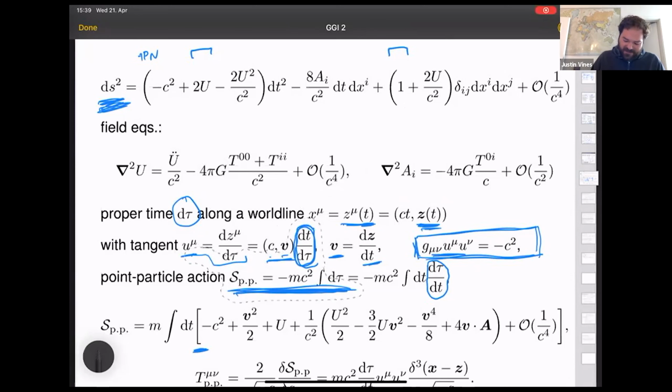So what we recognize here is the Lagrangian for a particle moving in the Newtonian gravitational field, right? Taking into account the mass out front, this is the kinetic energy, and this is the potential energy. So that's how Newtonian physics is encoded in these two parts of this metric. And then all the rest are these post-Newtonian corrections at order 1 over c squared.